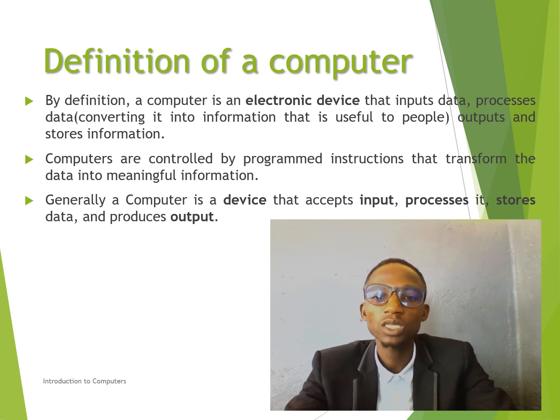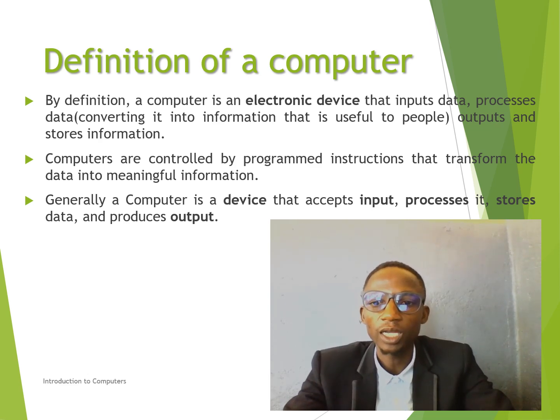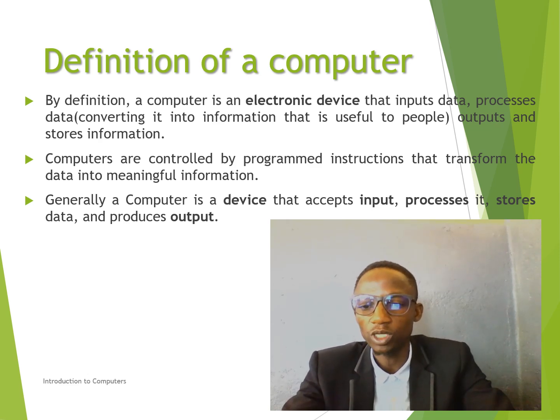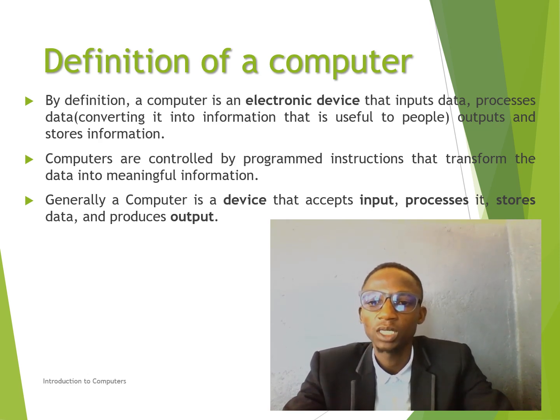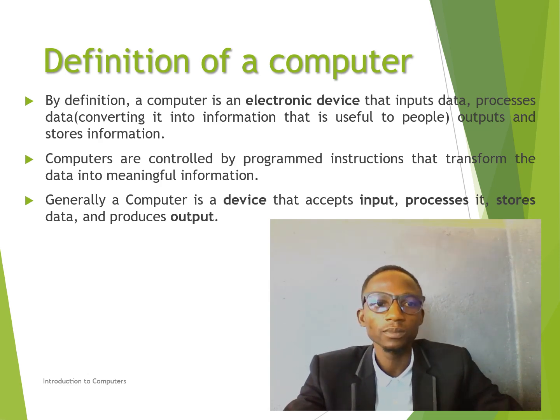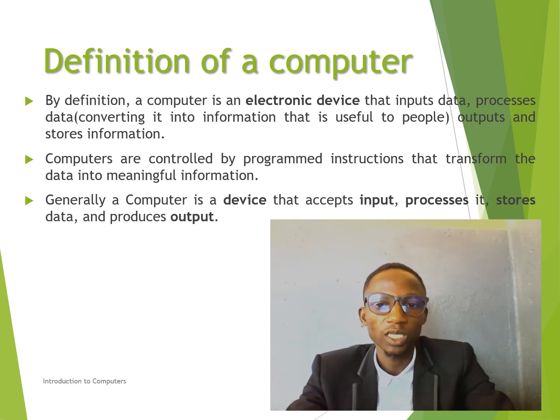So in short, a computer is an electronic device that accepts data as input, processes that data and produces an output in the form of information. Meaning that it converts raw facts and produces meaningful information. So that's the definition of a computer.